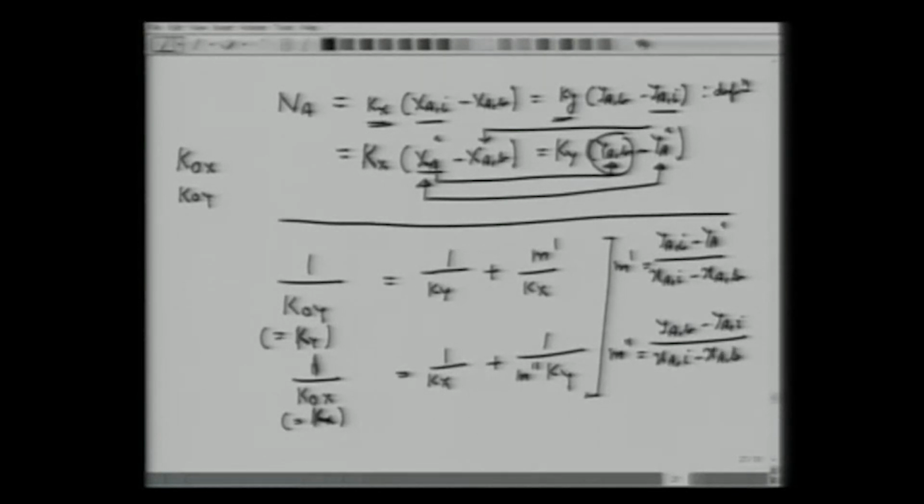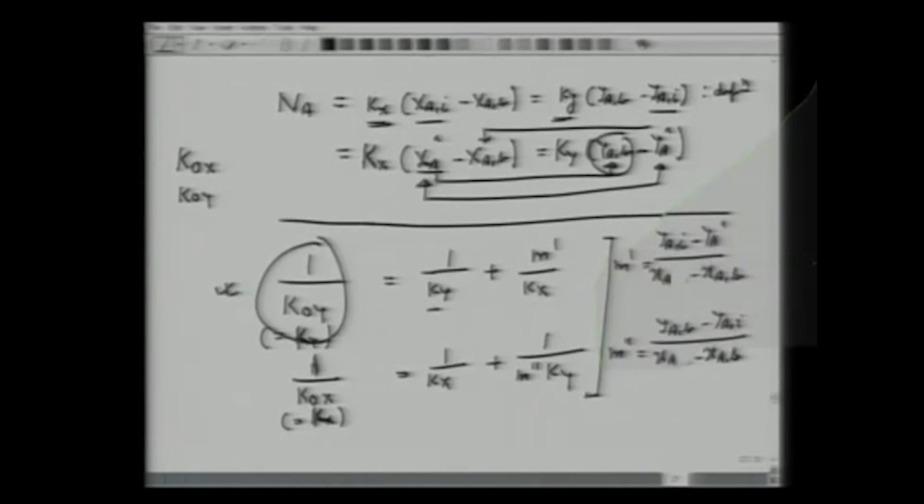So this is all by mathematical manipulations of these 4 equations. If you try to eliminate one from the other, one can show this as an expression for the overall mass transfer coefficient in terms of individual mass transfer coefficients through these interfacial concentrations and the bulk concentrations. Of course, m prime doesn't equal m double prime. However, in the limit one can show that this is nothing but the slope of this equilibrium curve.